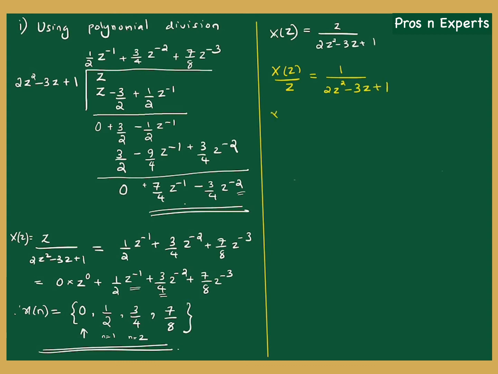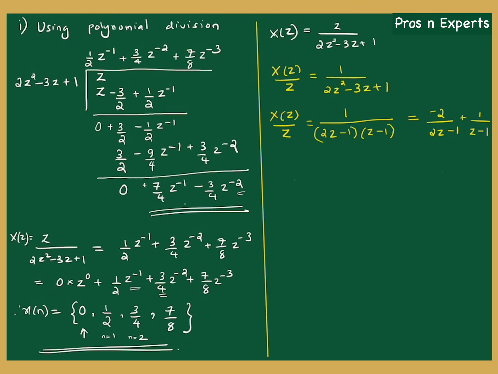Now you can factorize this denominator as (2z minus 1) into (z minus 1), correct? So this is equal to, as we have already done, minus 2 by 2z minus 1 plus 1 by z minus 1.